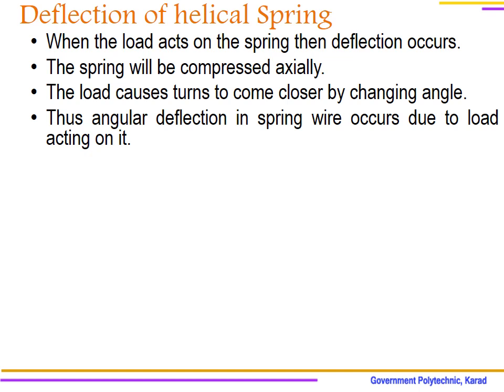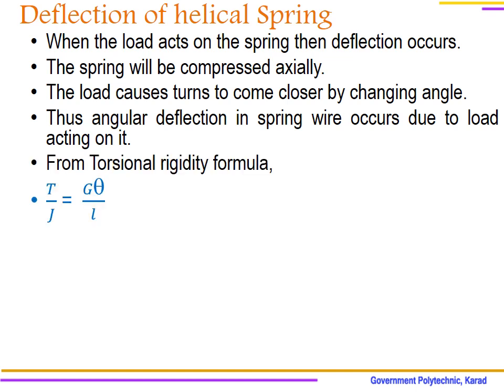And as turns are coming closer, the angle changes. Slowly turns try to become perpendicular to its axis. Thus, angular deflection in the spring wire occurs due to the load acting on it, and for that sake we will be using this torsional rigidity formula.